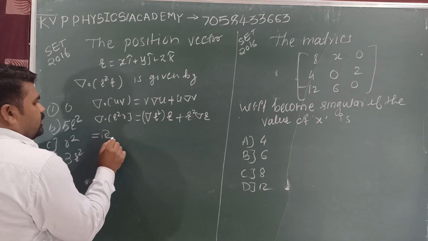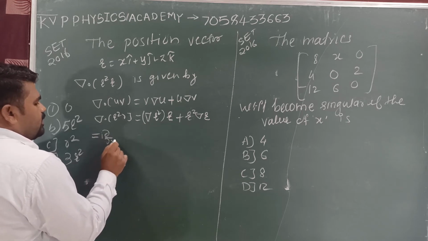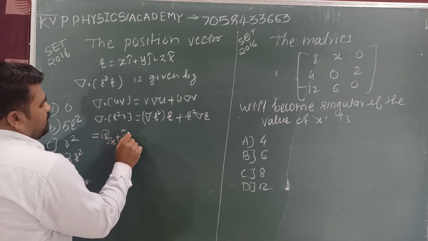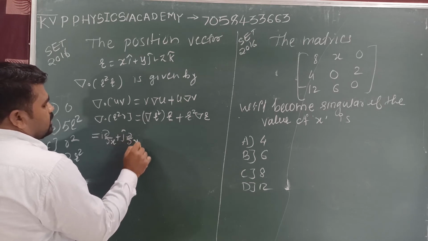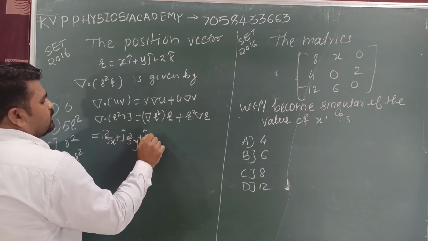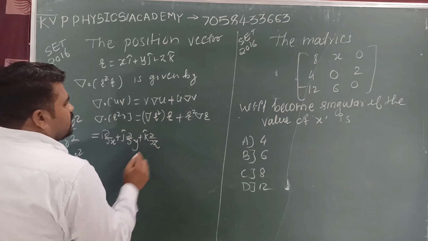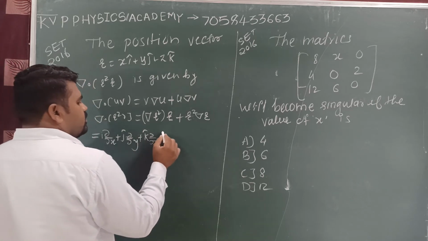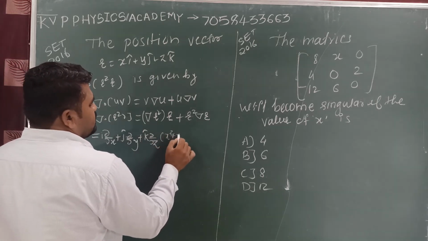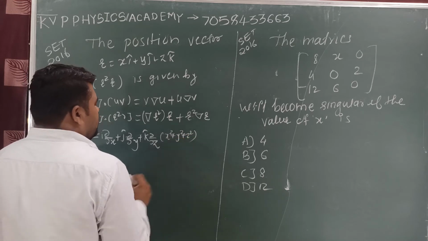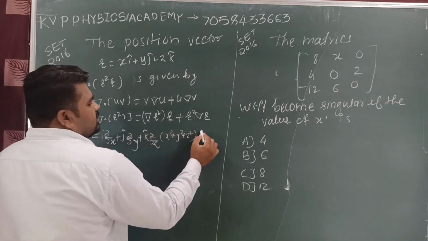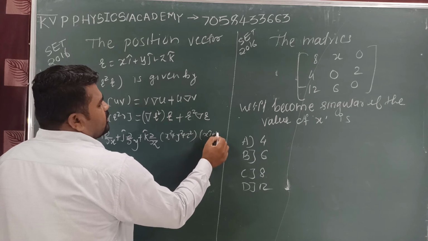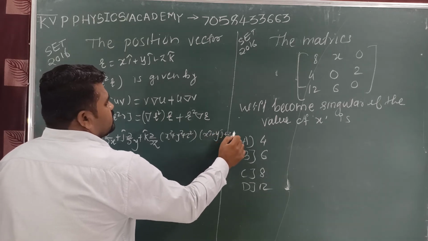Del is nothing but i dab upon dab x, j cap dab upon dab y plus k cap dab upon dab z. And what is the value of r square? R square is equal to x square plus y square plus z square. And what is the value of r? R is nothing but x i cap plus y j cap plus z k cap.